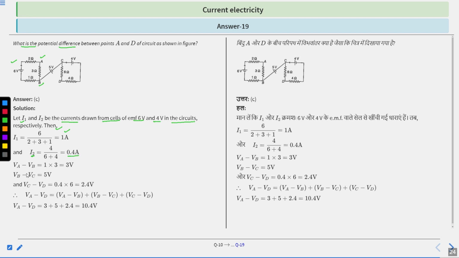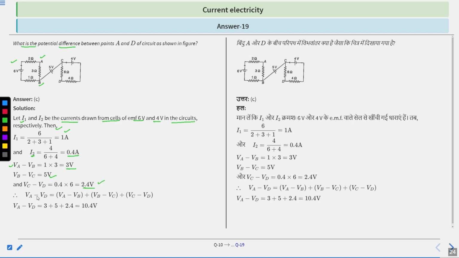Clear? And VA minus VB is equal to 1 multiplied by 3, which is equal to 3 volt. And similarly, VB minus VC is equal to 5 volt. And VC minus VD is equal to 0.4 multiplied by 6, which is equal to 2.4 volt.